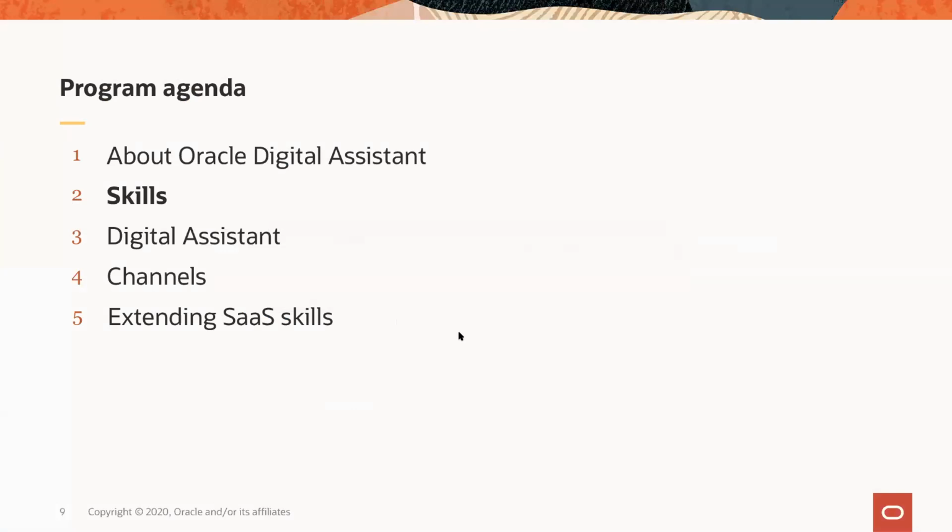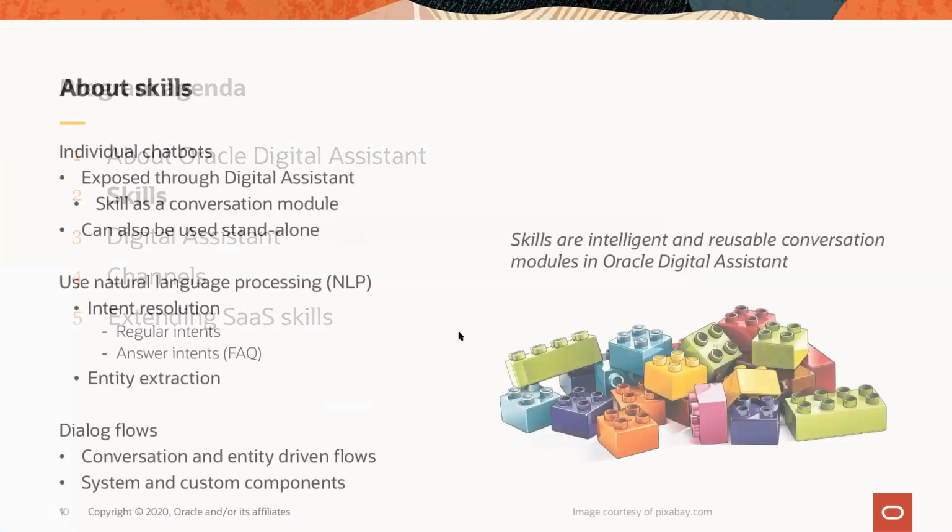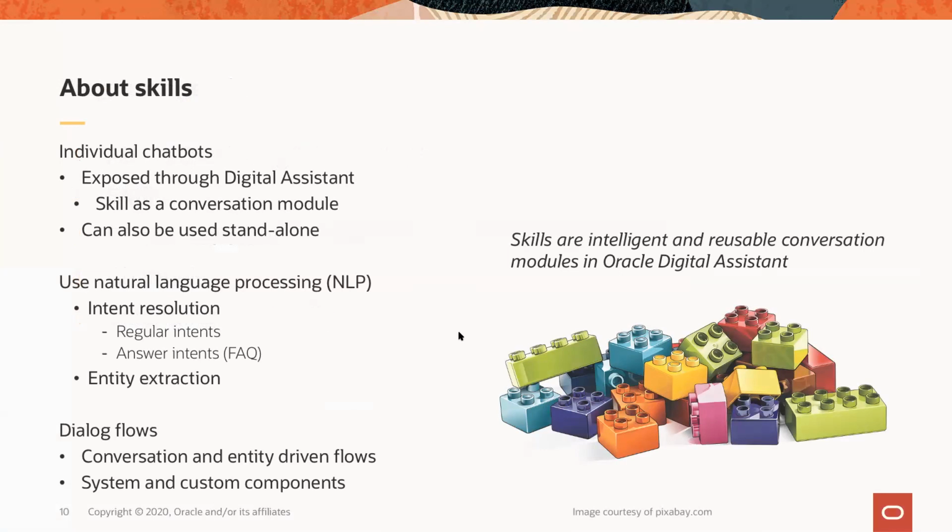But let me for now move on just to give you a little more insight into what skills are. I mentioned already skills are individual chatbots, and they are exposed through digital assistant, but they can also run standalone. So if you have a skill like the pasta order skill, and you say, you know what, I don't need the login bits, I don't need the check balance, I just want to expose this to my audience, then you can do that.